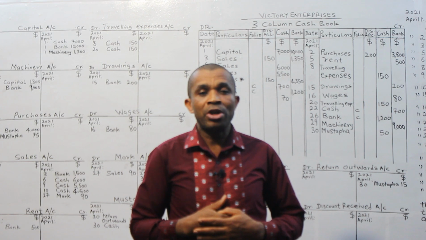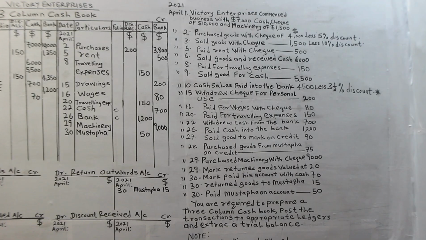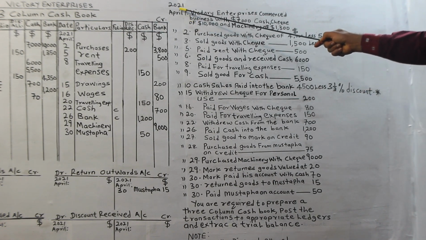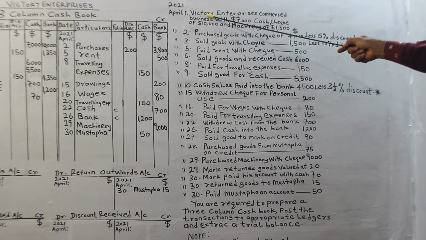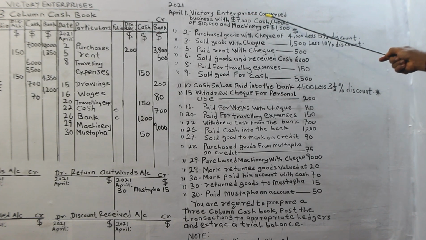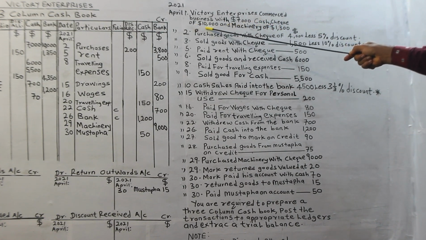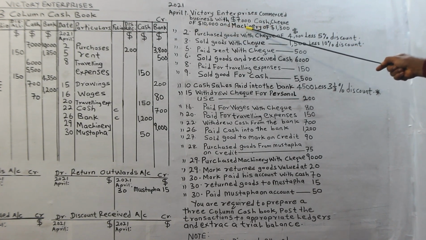Finally, we are going to balance all the accounts, including the cash book. Let's take down this question on 3 columns cash book. 2021, April 1st, Victory Enterprises commenced business with $7,000 cash, check of $10,000, and machinery of $1,300.